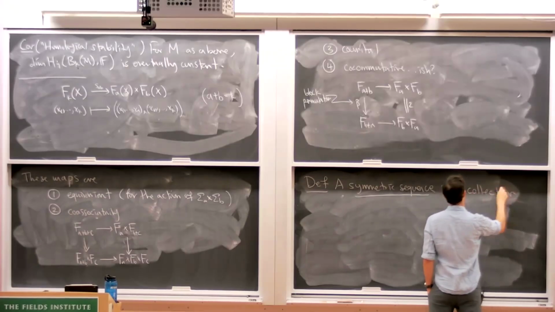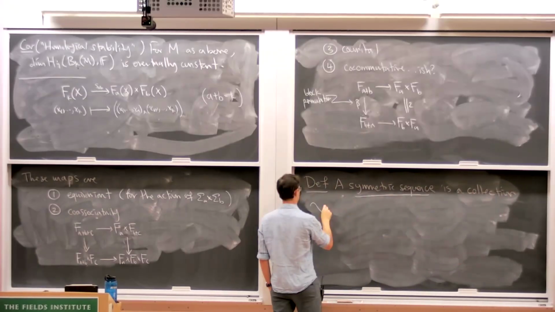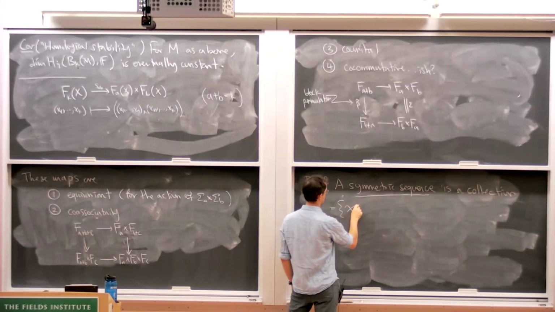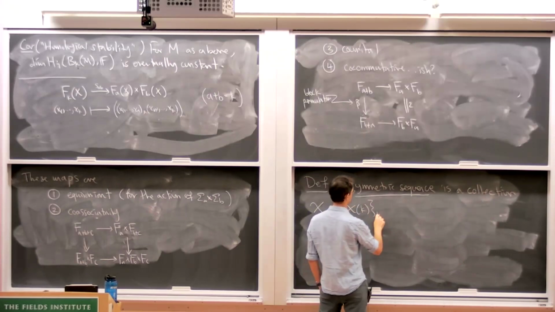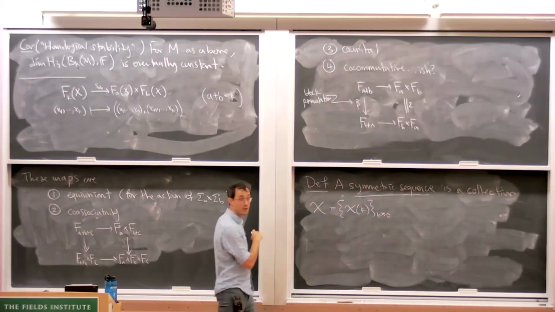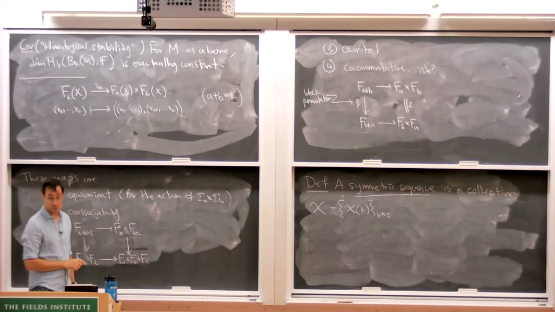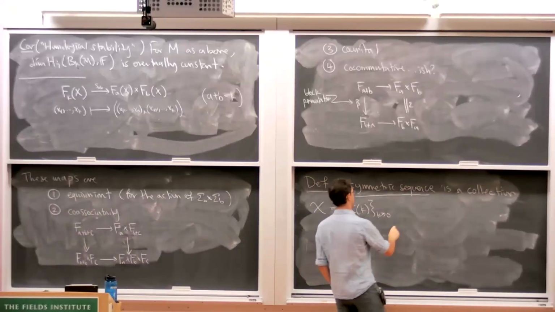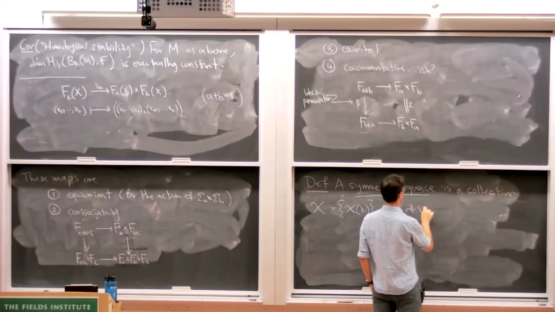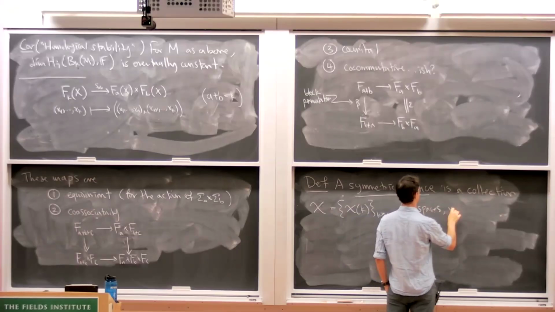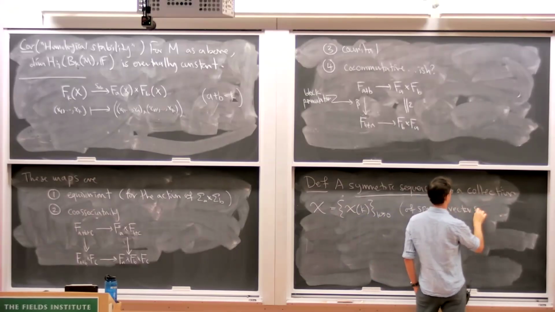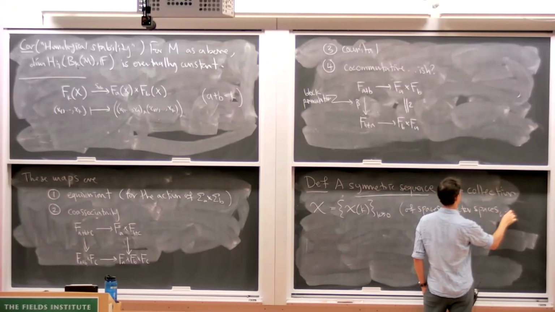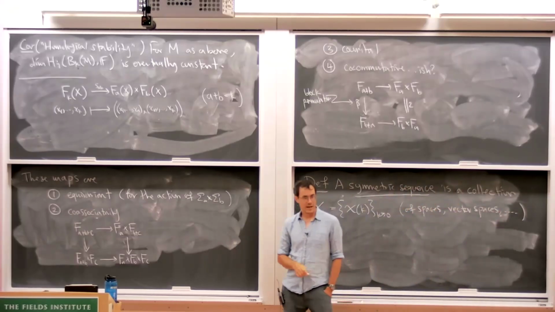So it's a collection. I'll call the whole thing curly X, but it's a collection of countably many things of whatever kind you want. So perhaps they are spaces, perhaps they are vector spaces, modules, what have you.